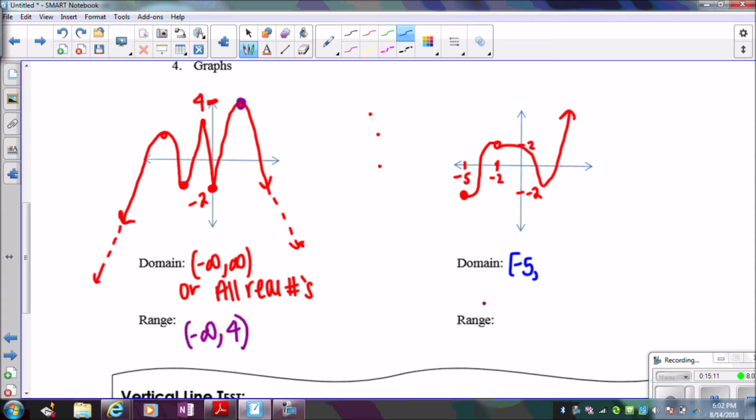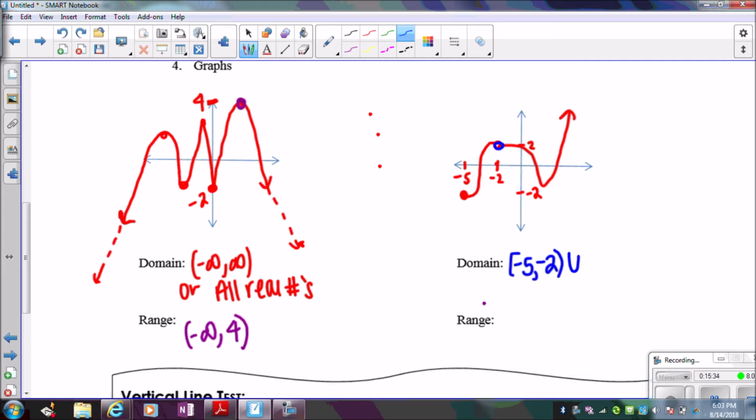And then I continue going left, and then I see an opening in my graph. Since there's an opening in the graph, -2 will never be included as an x value. There's no coordinate where -2 is an x value, so I'm skipping that point. So what that means is I'm going to put -2 with an open bracket because I'm not going to include it, but I'm going to include all the points really close to it.